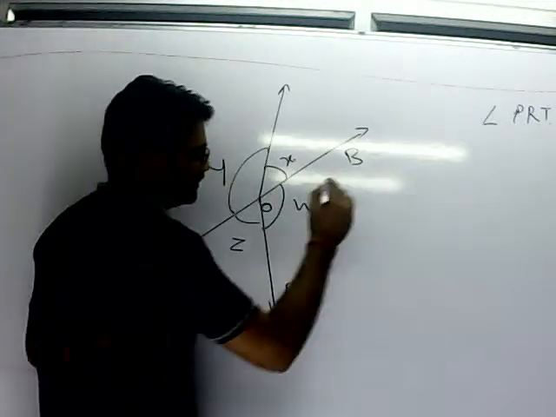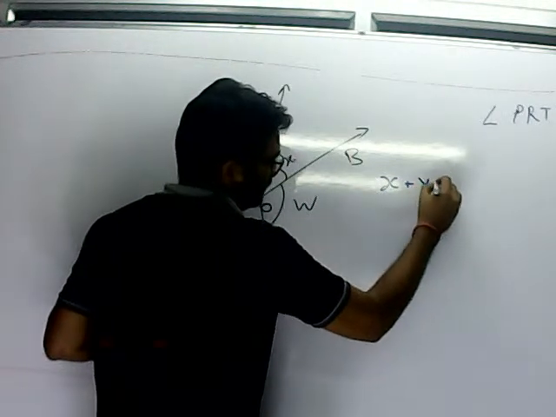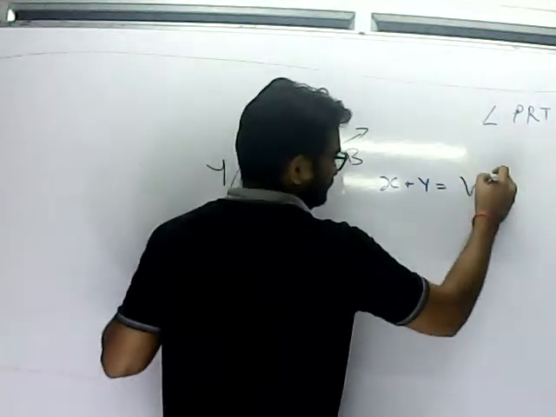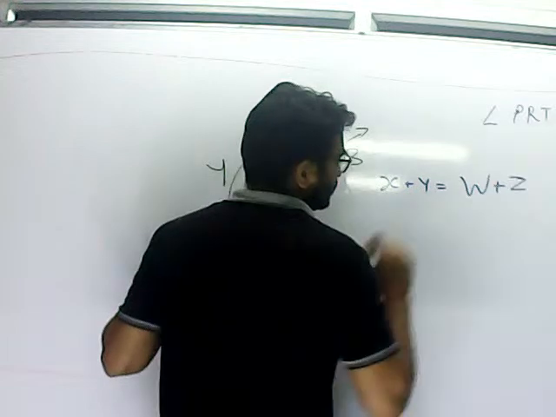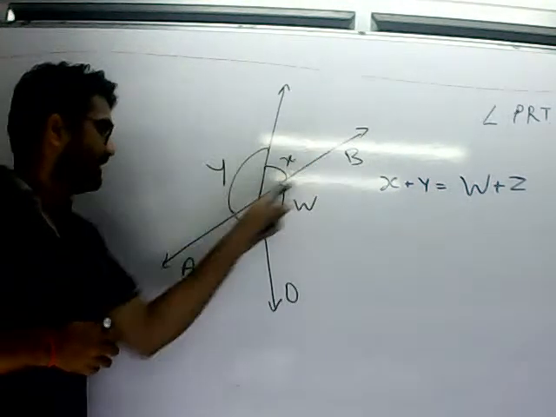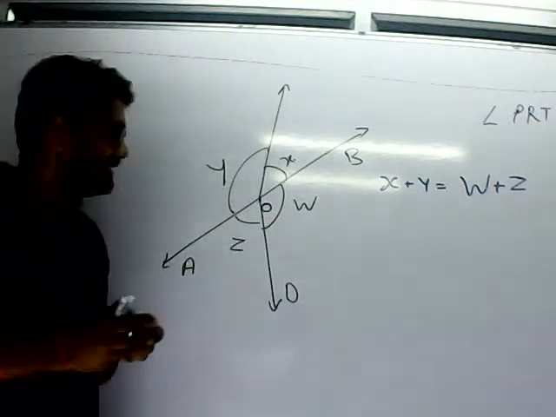It is given that x plus y is equal to w plus z. If it is like that, then prove that AOB is a line.